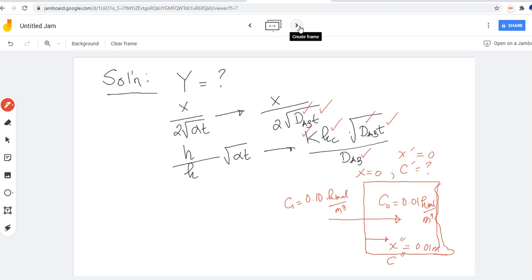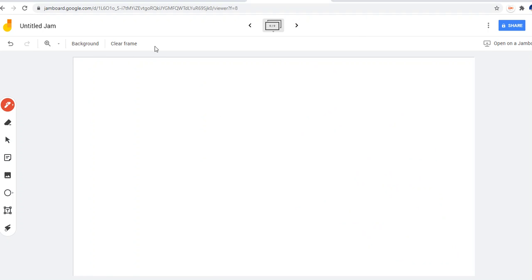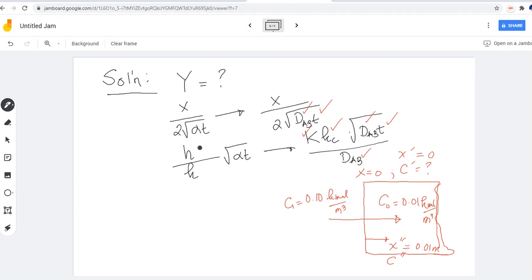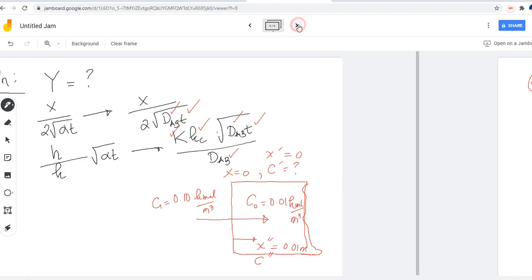Okay, so letter A, we'll write here letter A, at the surface. And this is for x equal to 0 because it's right on the surface. Now, our formula is x over 2 square root of D_AB t. So, we will determine this first.